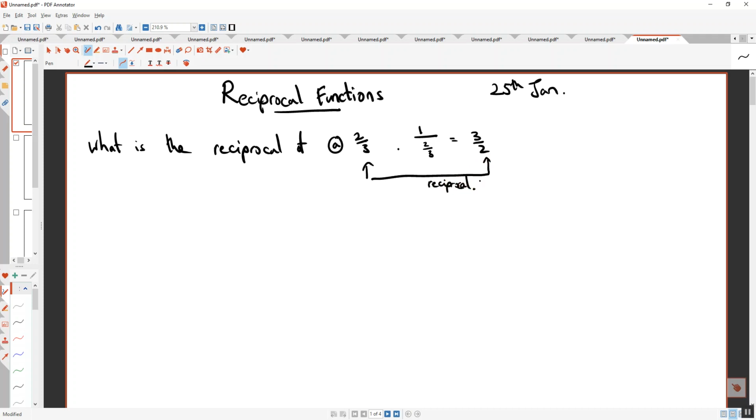Technically, yes, you are flipping it. If I've got x, the reciprocal of it is 1 over x.